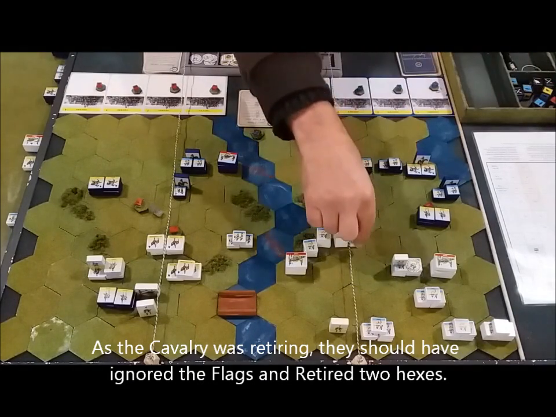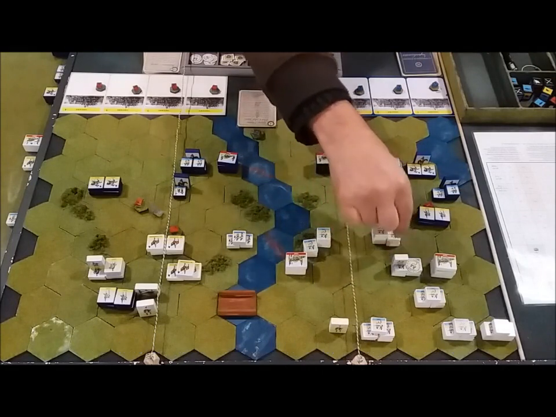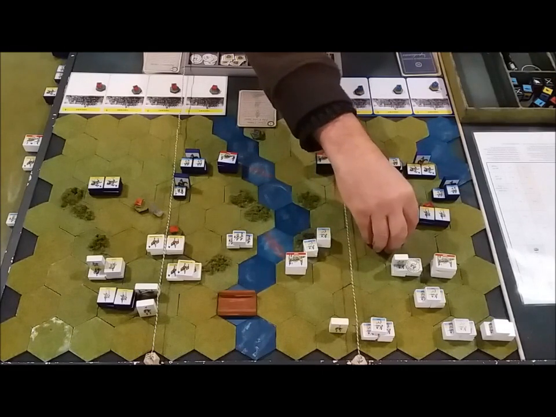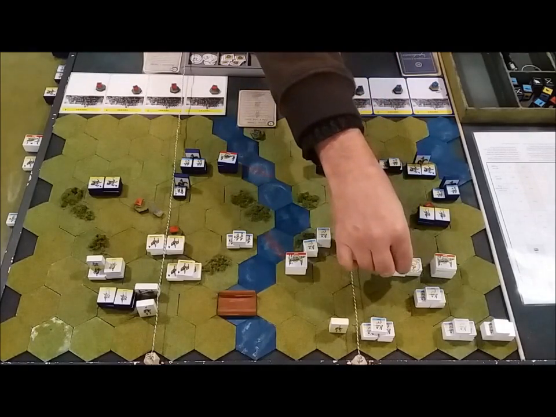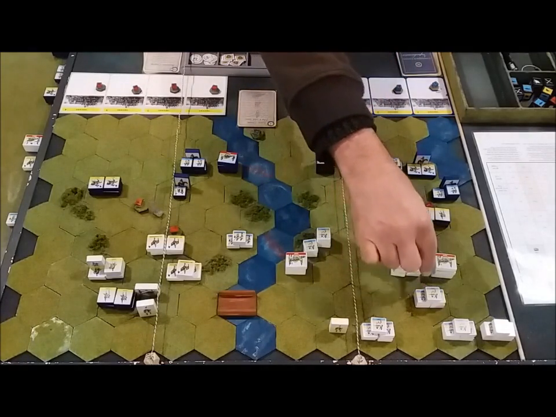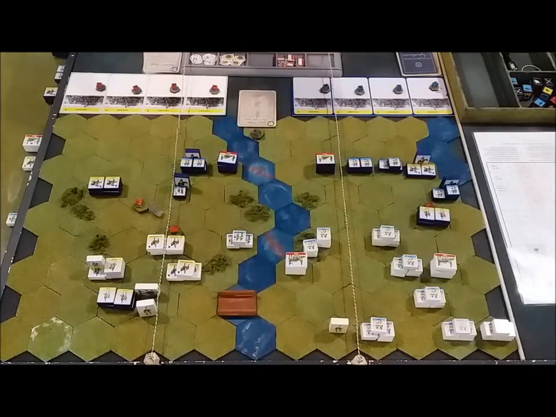And then this unit can advance, which they will do into there. Righto, this unit cannot do anything else this turn, except they don't have a unit adjacent to them anymore, so they can remove their battalion mass.